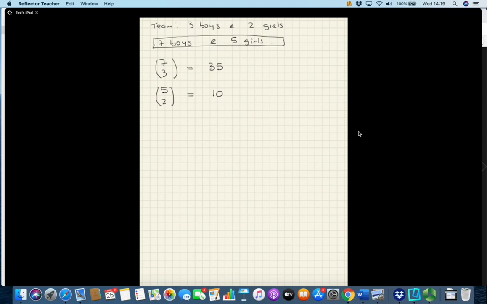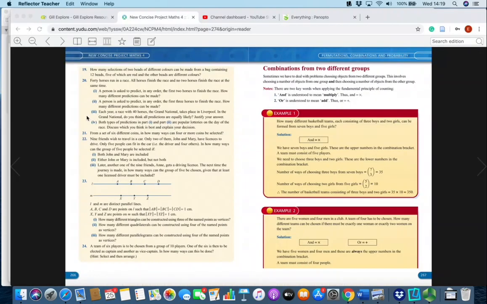So I need the 3 boys and the 2 girls, which is why you end up multiplying them to give you 350. Okay. So it's these keywords all the time that you're going to be looking out for.